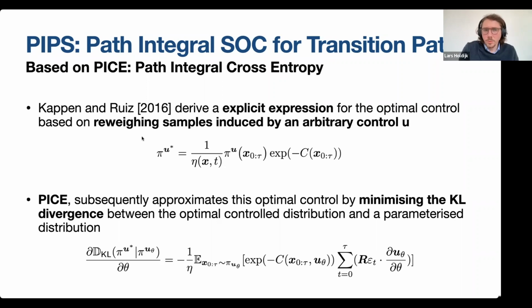These gradients are weighted by this cost C, and this cost C is mostly determined by the difference to your target state.